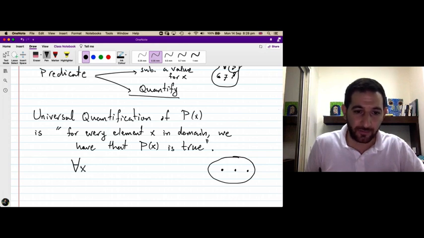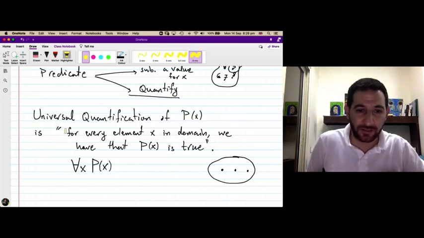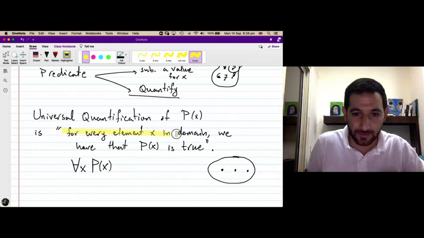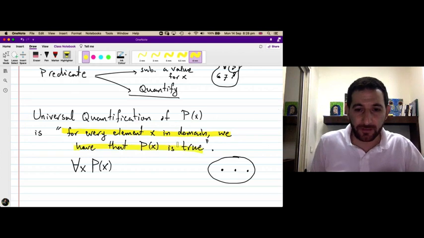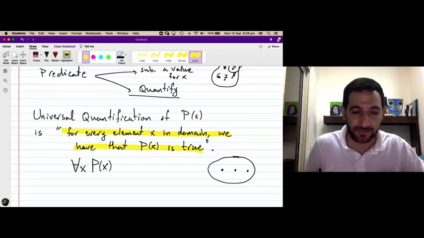We read this as for all x, P of x. So this is our notation for this whole sentence. To say that for every element x in the domain we have that P of x is true, we write it in this way, and we read it as for all x, P of x.